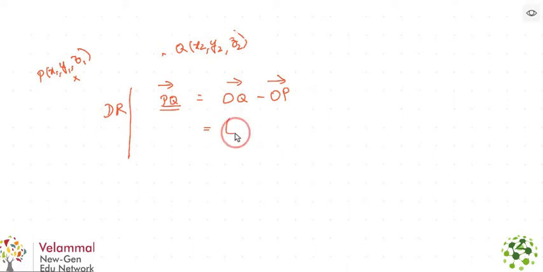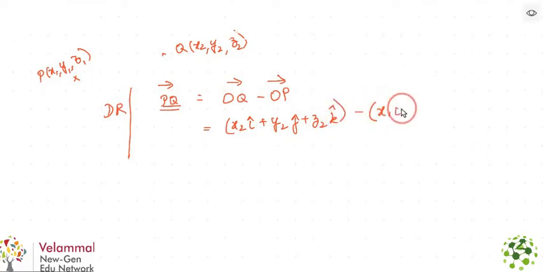You know from vectors it is final position minus initial position. So what is OQ minus OP? OQ is x2i plus y2j plus z2k, and OP is x1i plus y1j plus z1k.